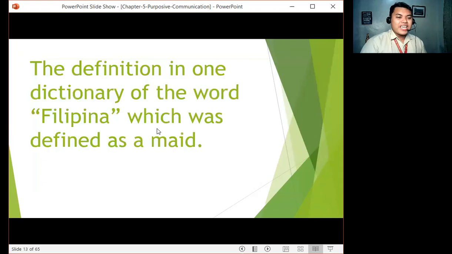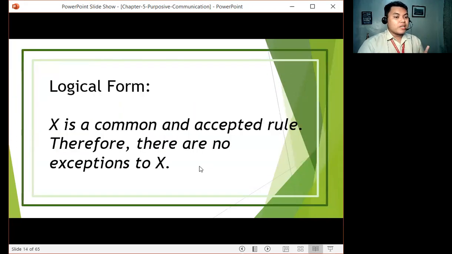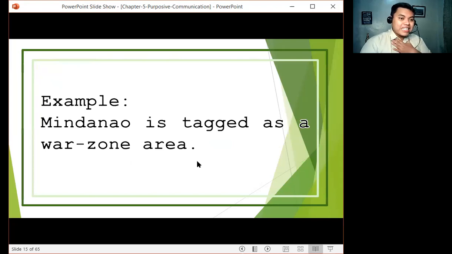Therefore, there is categorization of all members of a group into a category. If somebody would say, I am a thief, all the family members of mine are thieves, that is sweeping generalization. Okay? So you need to remember, one is too many. That is sweeping generalization. You have to remember that.